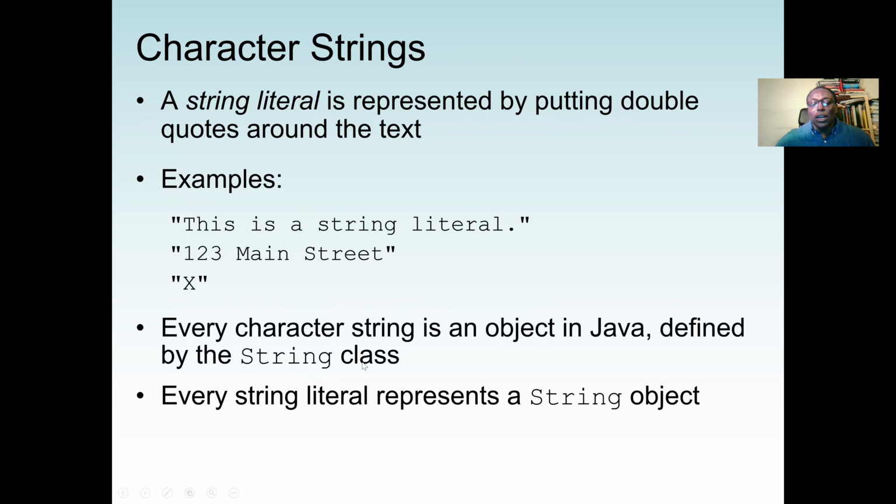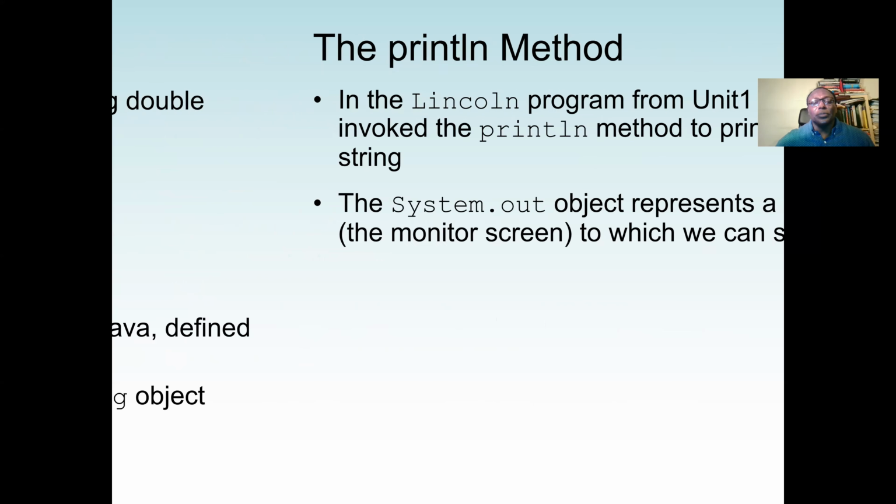That's why the String class has built-in methods, such as to join 2 or more strings together, to find the length of a string, or to copy a string from one location to another, or from a source to a destination. And we may discuss that later on.